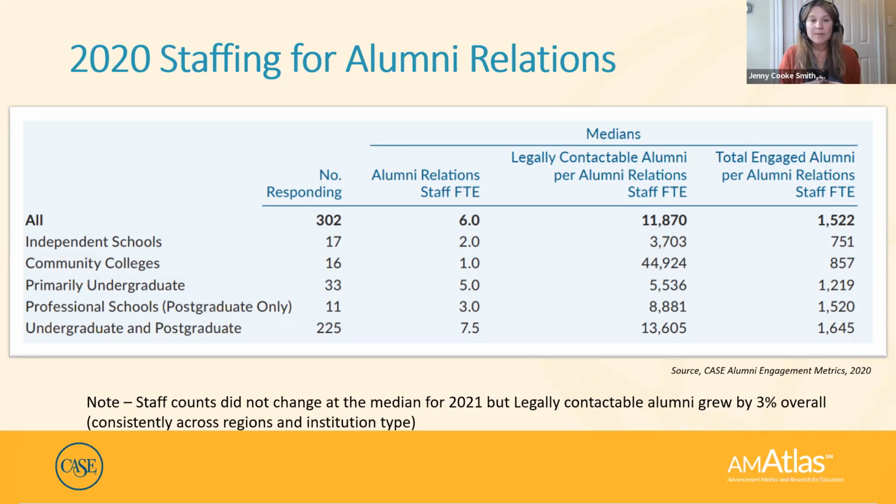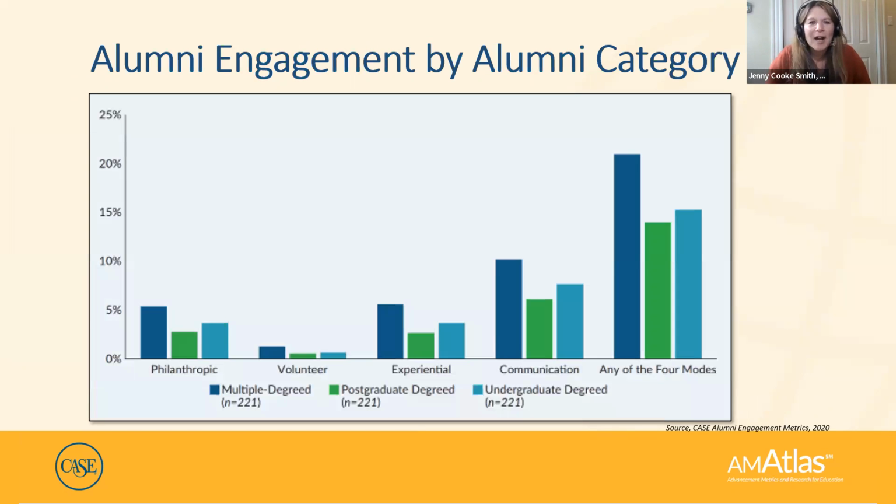I think this was Angie's comment earlier, and it's a good one, because it's something we've really seen across the board. When we looked at undergraduate only, postgraduate only, or multiple degree, we saw that the navy blue bar, the multiple degree, tends to engage at higher rates than the undergrad only and the postgrad only.